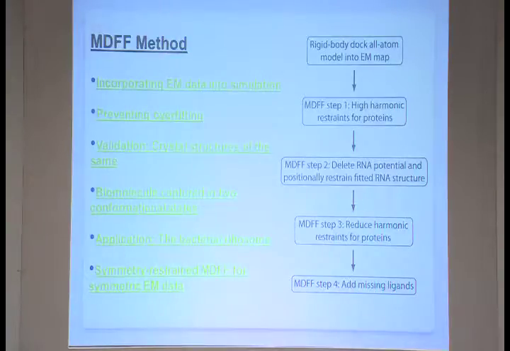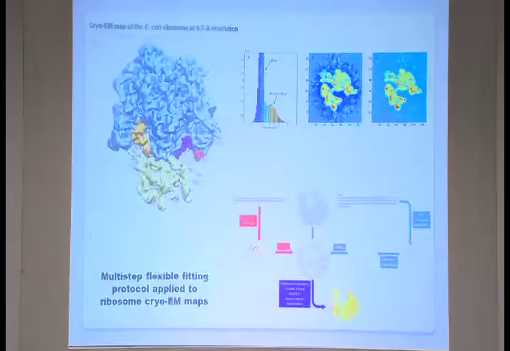So what they suggest is that you just do it step by step. You first do the fitting of the RNA, keeping all the proteins either fixed or removed, and then you go for the protein fitting.